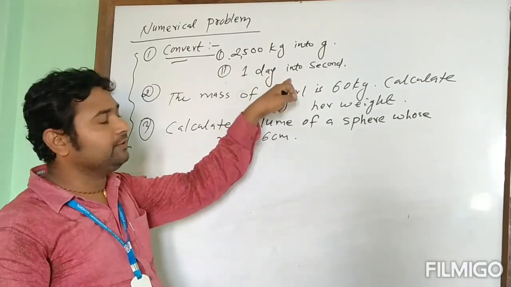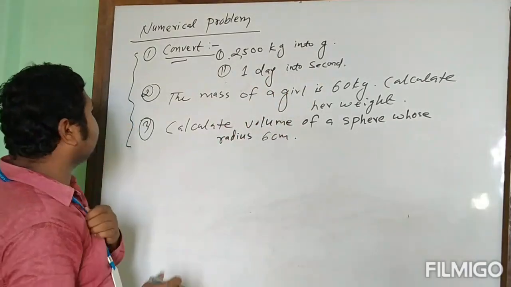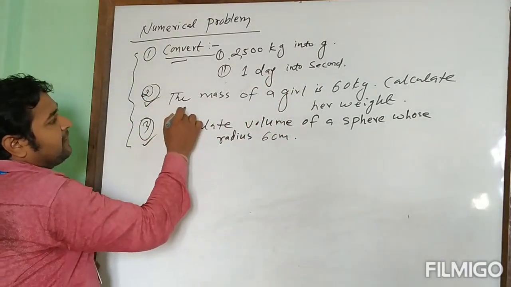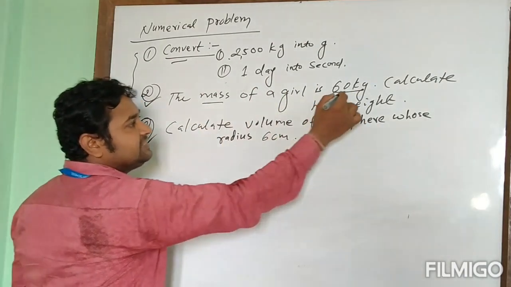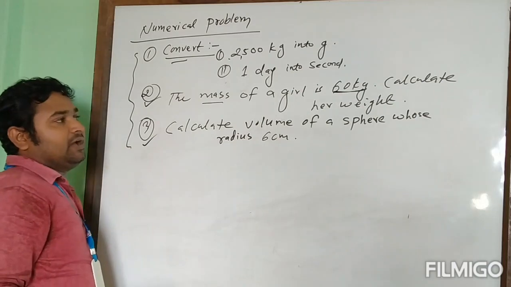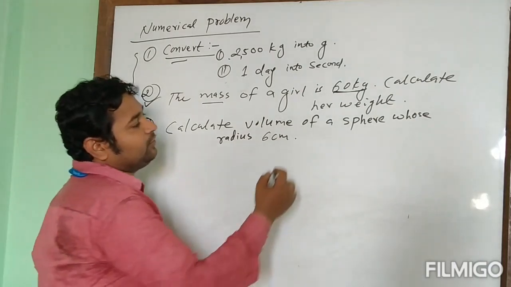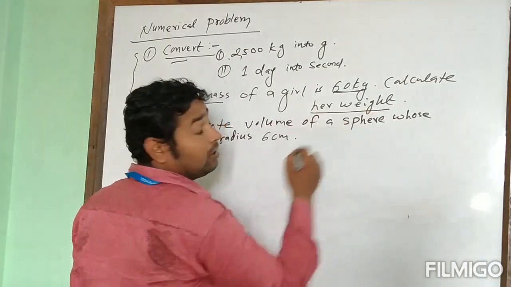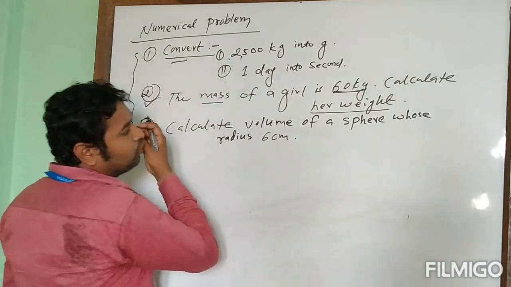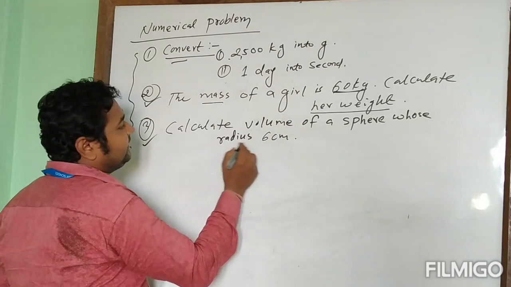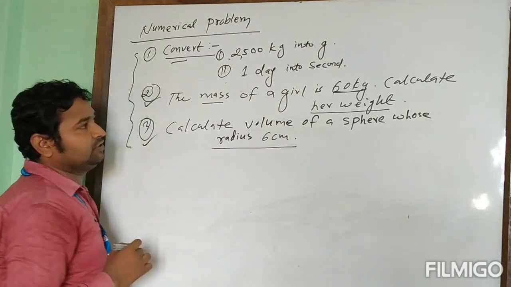Now the question is, the mass of the ball is 60 kg and we have to calculate the weight. Another is calculate the volume of the sphere whose radius is 6 centimeter.